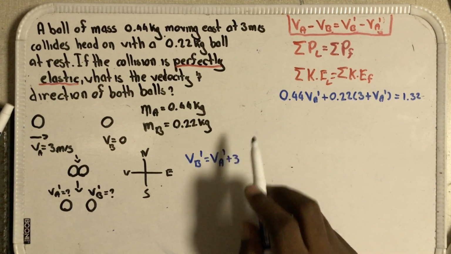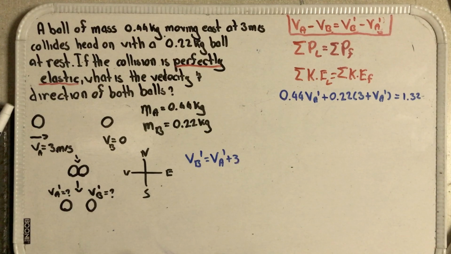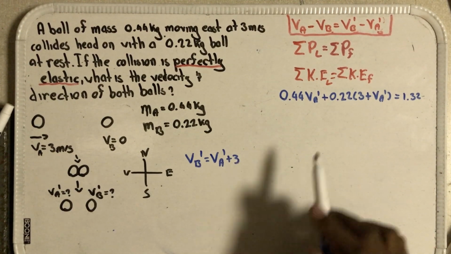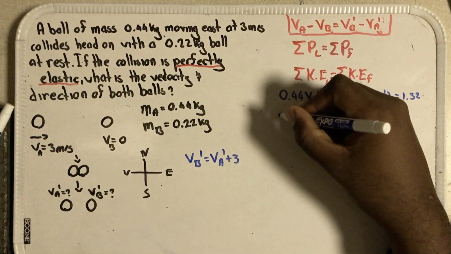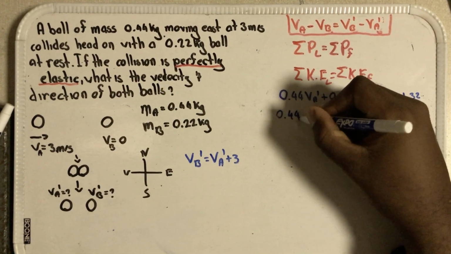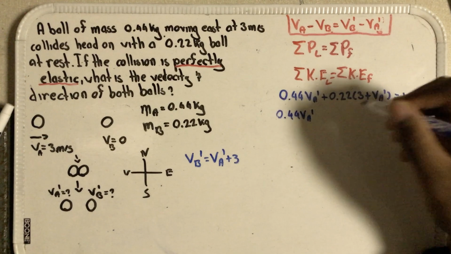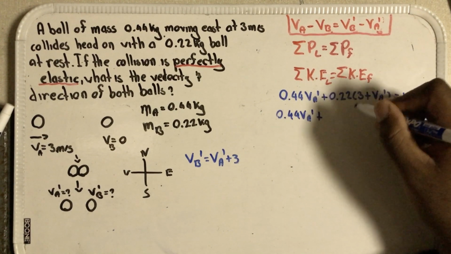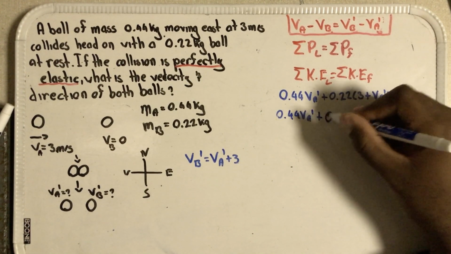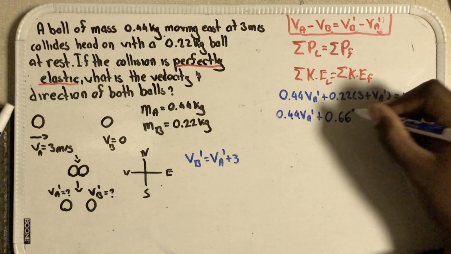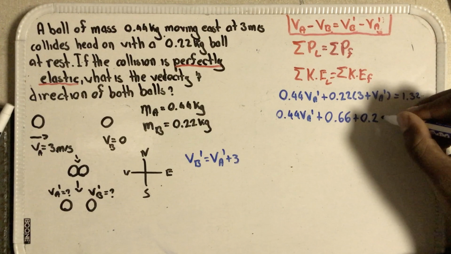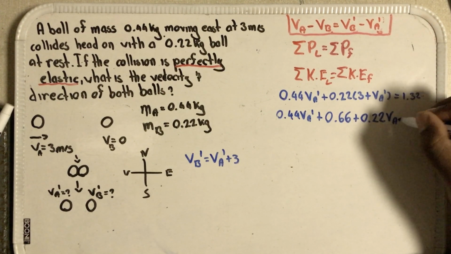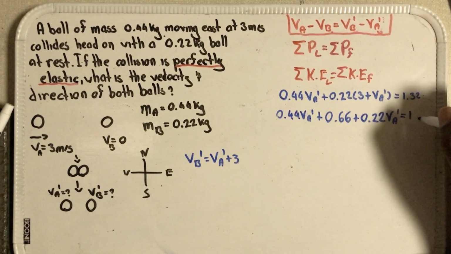So now I just have an equation with one variable. This is a linear equation. I have my constants here, and I can solve this explicitly. So 0.44 times the final velocity of A, plus 0.22 times 3, which is 0.66, plus 0.22 VA prime is equal to 1.32.